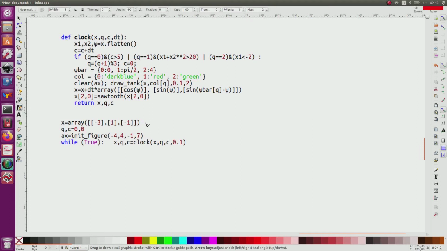I have here the main program with the initialization for x0, and I will also initialize the automaton with q equals 0, and the clock is also initialized to 0.